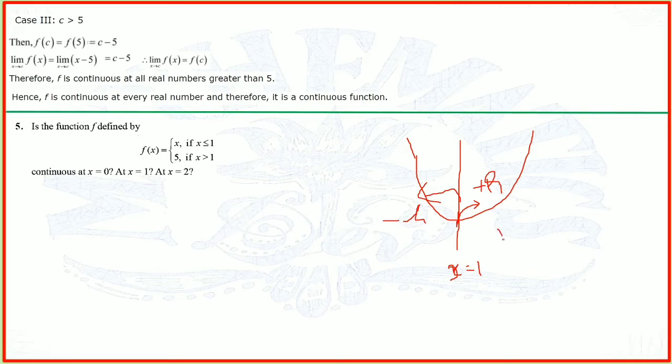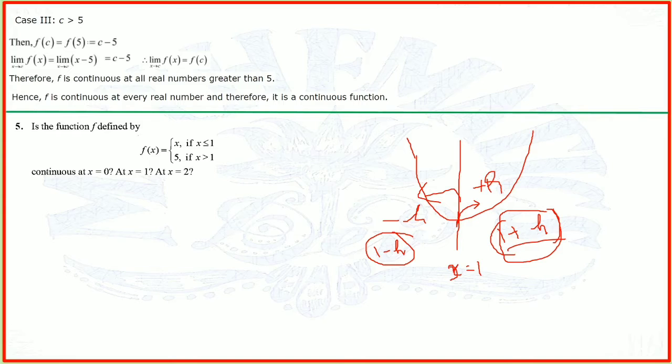So in the right hand limit we will be putting 1 plus h, and in the left hand limit we will be putting 1 minus h. So these two things we will be replacing the variable x later on.